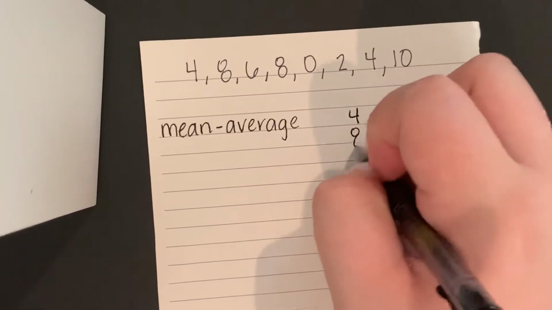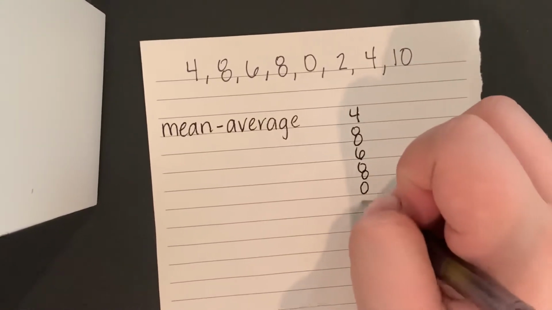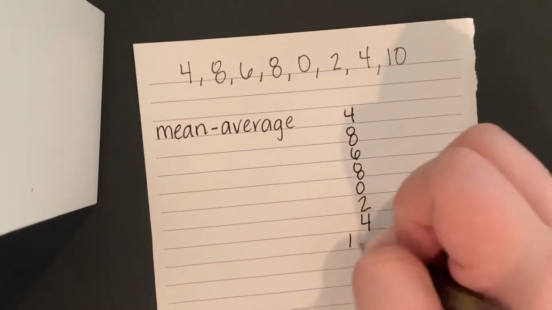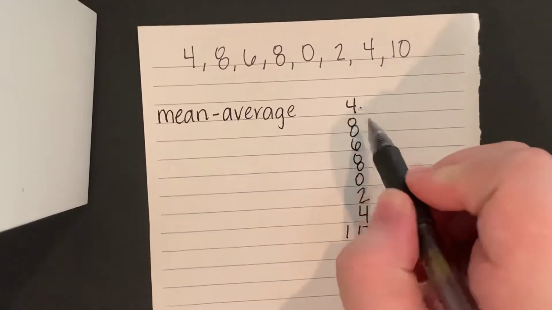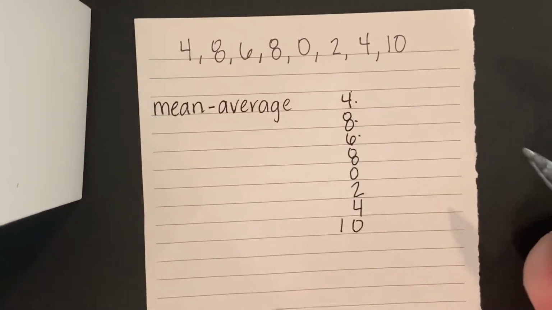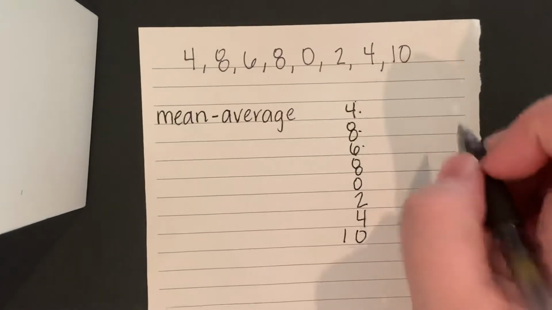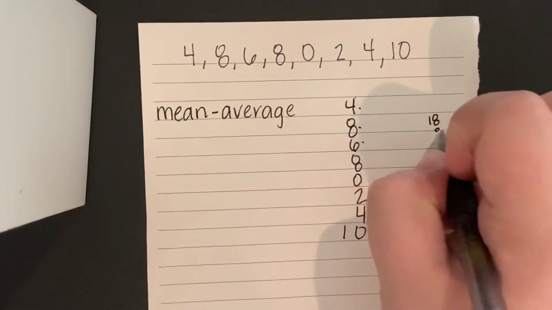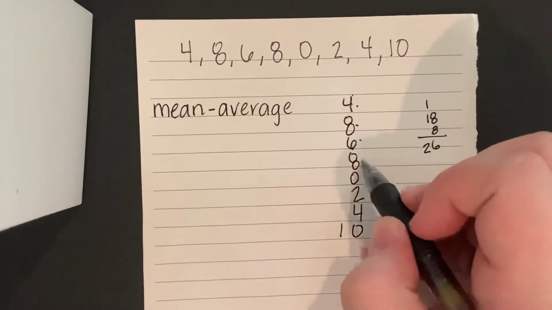4, 8, 6, 8, 0, 2, 4, and 10. Okay, 4 plus 8 is 12. 12 and 6 is what, 18? And then 18 plus 8 is 26.